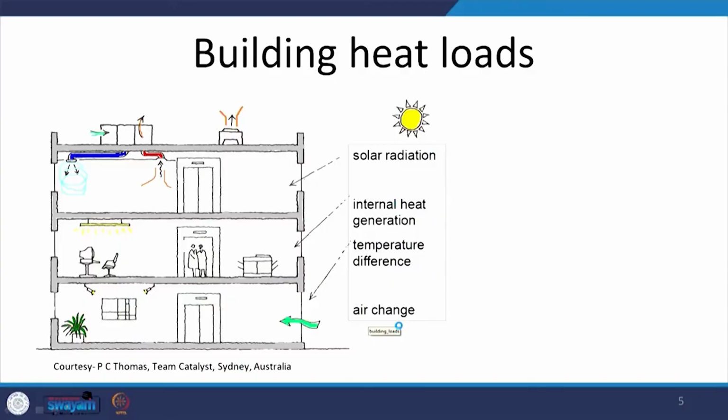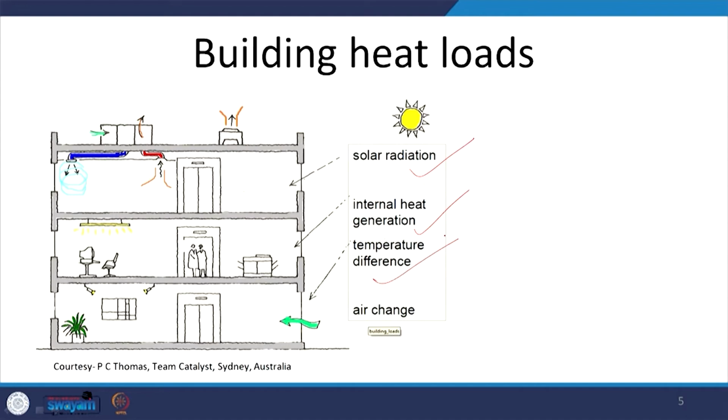When we are talking about energy and comparing the proposed case and base case on energy, we take into account all these building heat loads. These building heat loads also contribute towards thermal comfort. We take into account the solar radiation, the amount of solar radiation received by the building. We talk about the internal heat generation, how much internal heat is generated because of appliances, equipment and occupants.